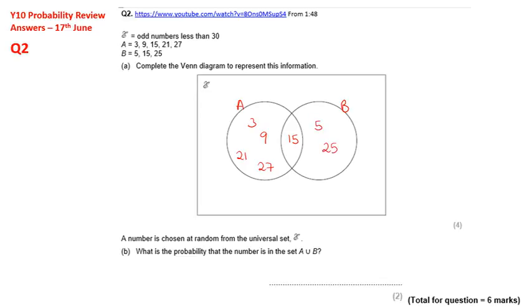Now we need to check if there are any other numbers in the universal set that are not included in A and B but must go on the outside. So odd numbers less than 30, we'll start counting out.